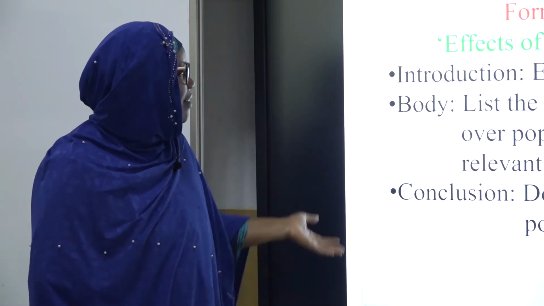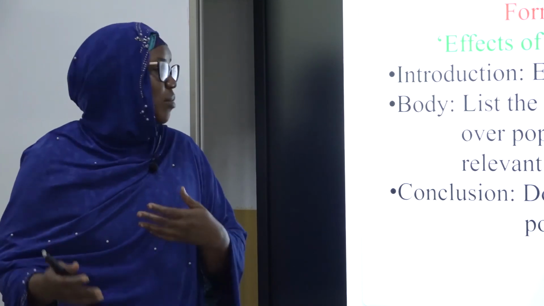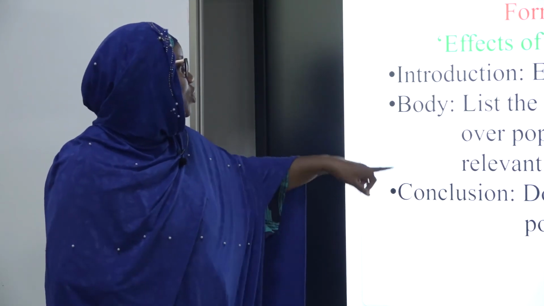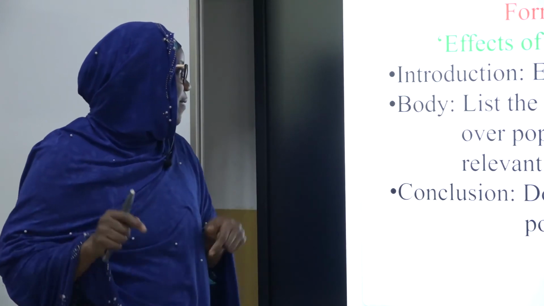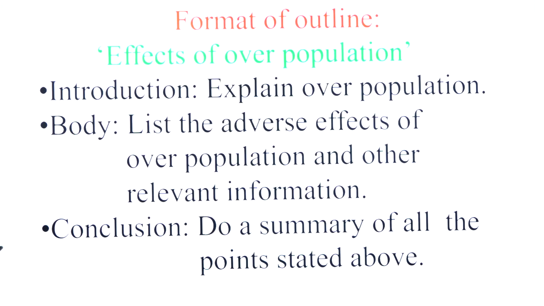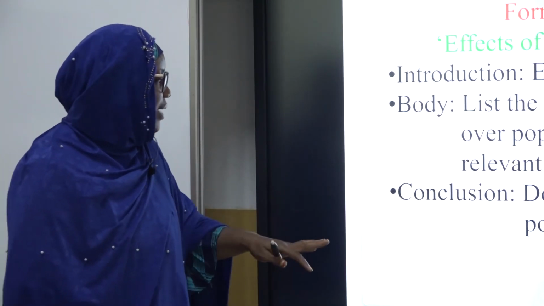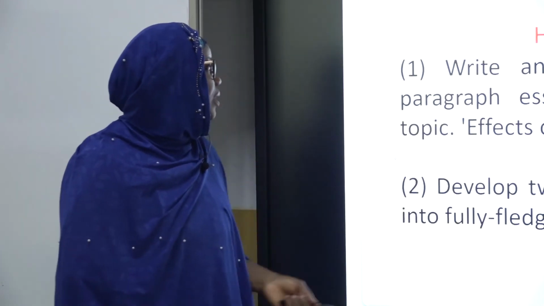Then there are disadvantages. What are the constraints? If a country is overpopulated, you list all relevant information you need to add to the body of the write-up. Then in conclusion, you do a summary of all the points you have stated above, that is in the body. You list all your points and summarize them in your conclusion.